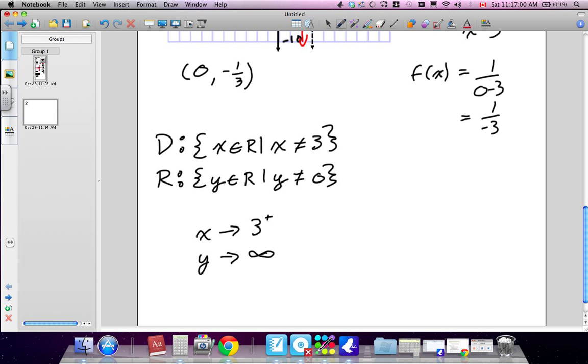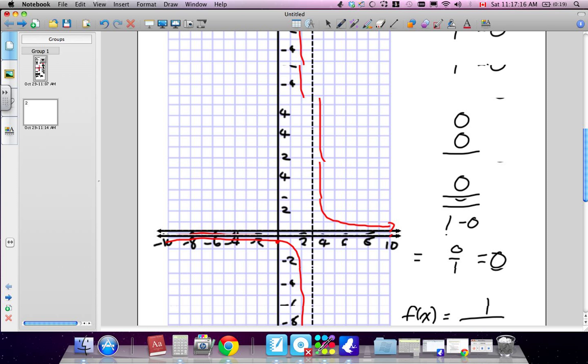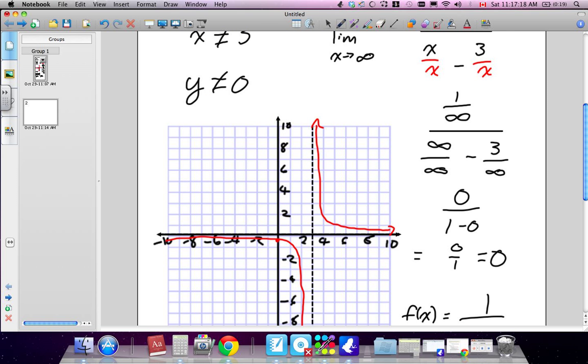Our second set, as x is approaching 3 from the left, okay, I put a negative sign, that means from the left. Y is approaching what? Negative infinity. We'll just take a quick look at it. As x is approaching 3 from the left, y is approaching negative infinity. Does that make sense? Yep. Okay, those are positive and negative intervals.